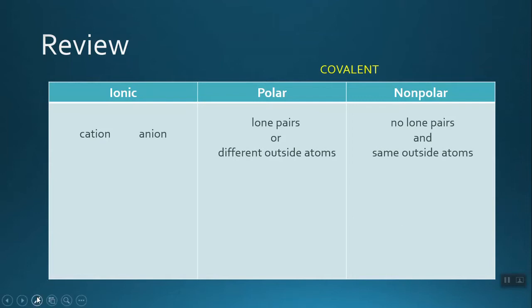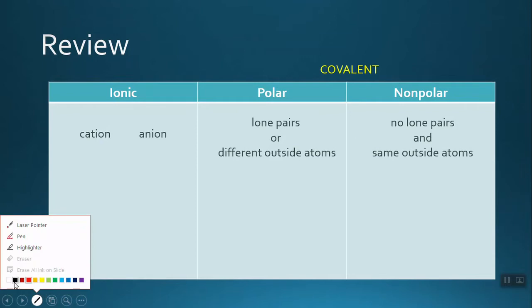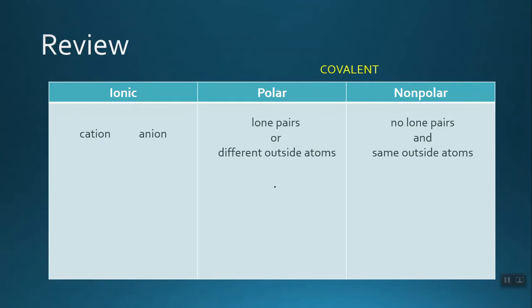So just to review, when we talk about lone pairs, we're talking about, for example, oxygen in the middle, and if we had chlorine on the outside, these lone pairs are on our central atom here. The different outside atoms would be if, for example, chlorine was something else, like fluorine.